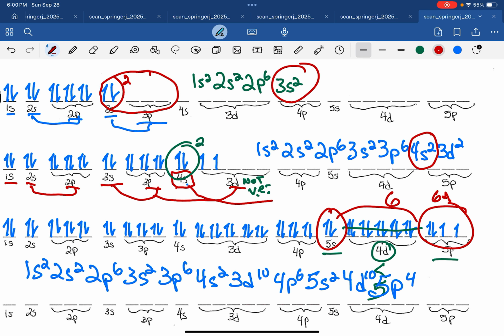And my valence electrons are right here. There were 6. That's an awful lot of writing.